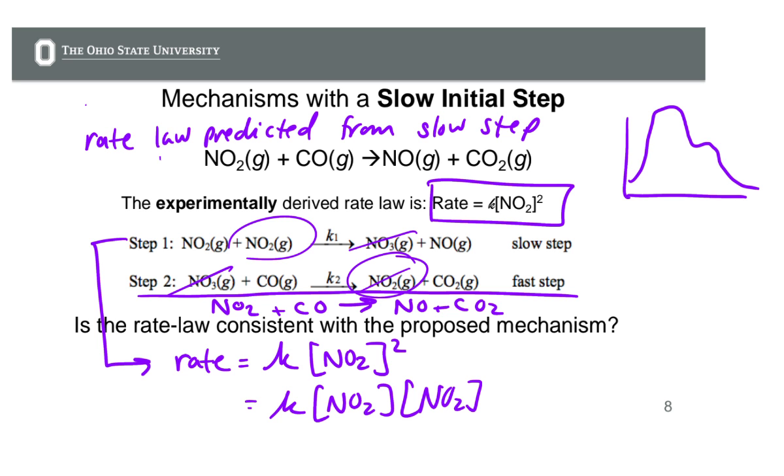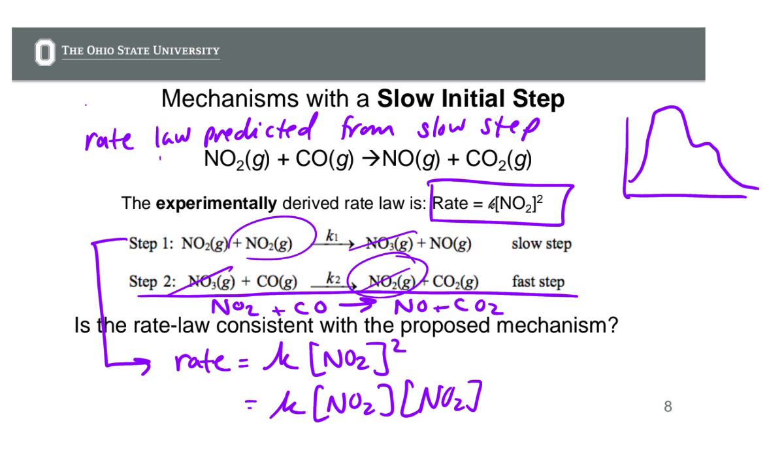Great. So the question is, can you use the coefficients to determine the exponents? Oh, yes, only if it's an elementary reaction. And you'll know it's an elementary reaction if we say, hey, this is a mechanism. We didn't explicitly say in this problem, these are elementary reactions.